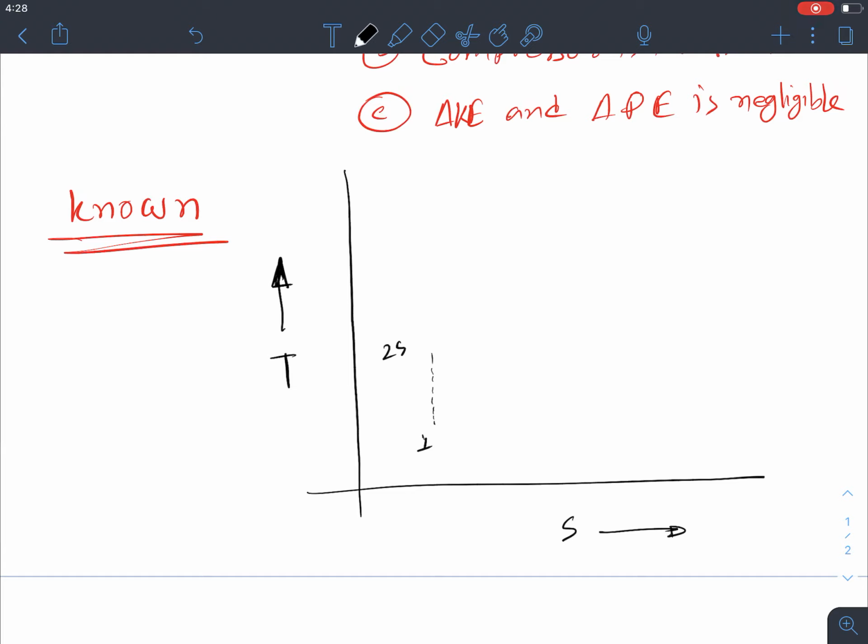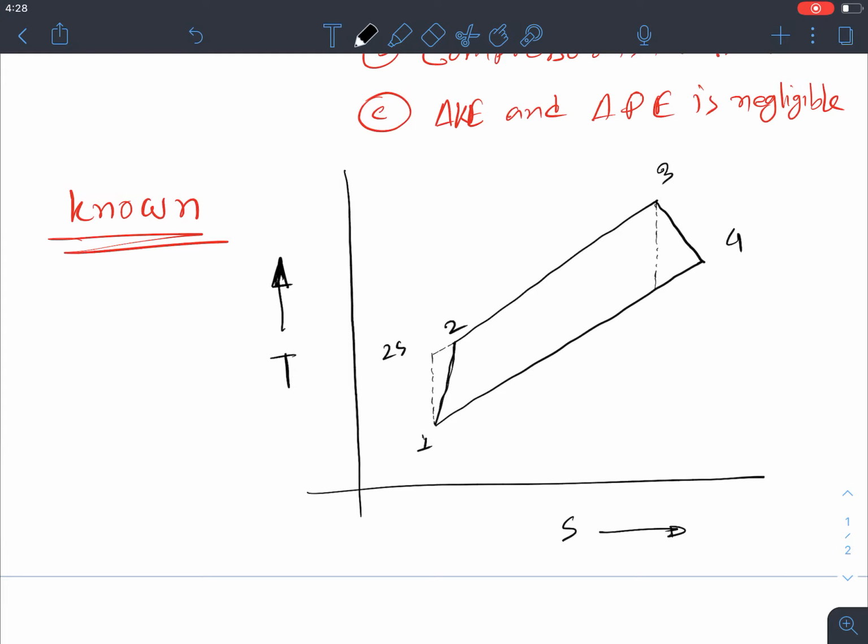In the ideal cycle, the compression would be an isentropic compression, right? So it will be 1 to 2s. However, in the actual cycle, it's something like this. So 1 to 2, and this is 2, right? And then this is 3, and 3 to 4 should be isentropic.